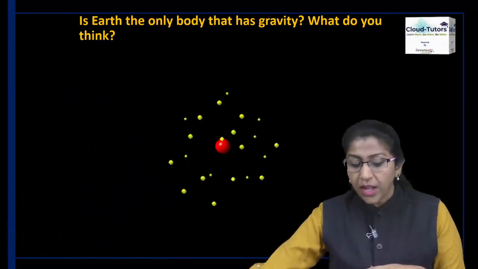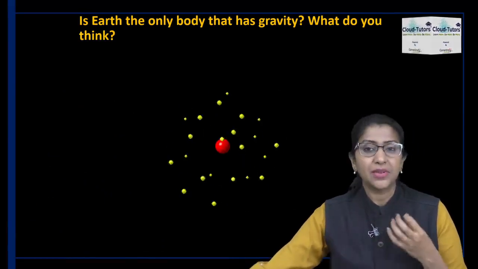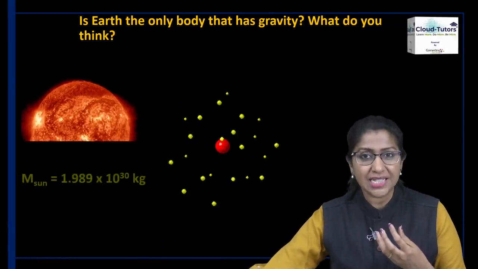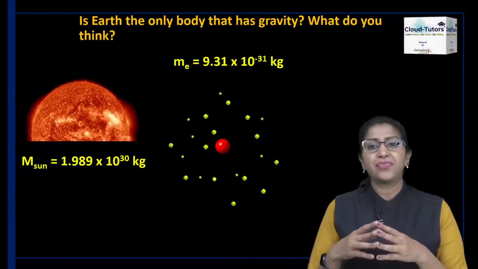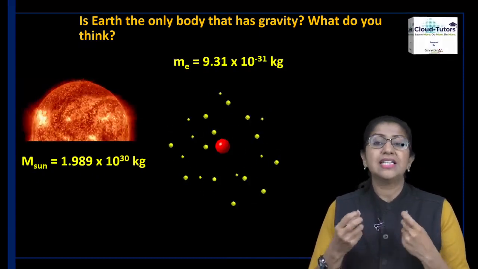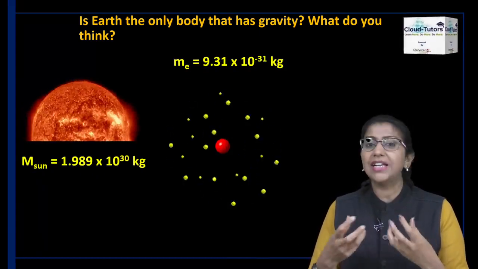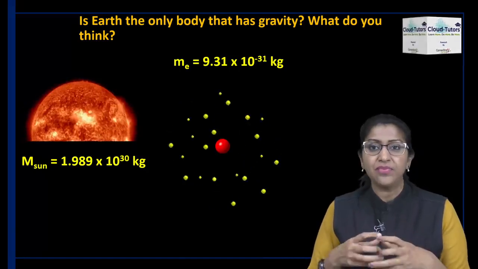So what has gravity and what doesn't have gravity? To give you a snapshot, there's nothing in the universe that has mass that cannot have gravity. By that I mean everything that has mass has gravity. All right.